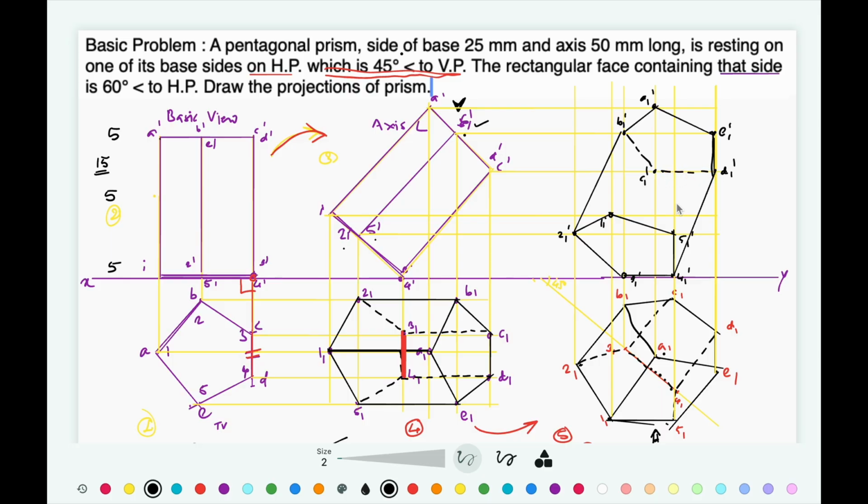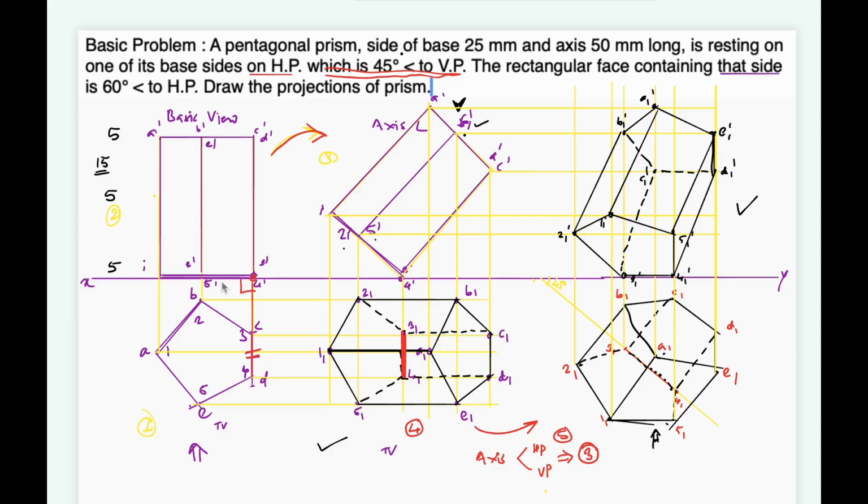So those two lines are invisible. Now apply the rules. Rule number 3, at corner C1 dash we have got two existing hidden lines, so the third line starting from that corner is going to be hidden, whereas at corner 1 1 and 5 1 we have got two visible lines. The third line starting from that corner is going to be visible.